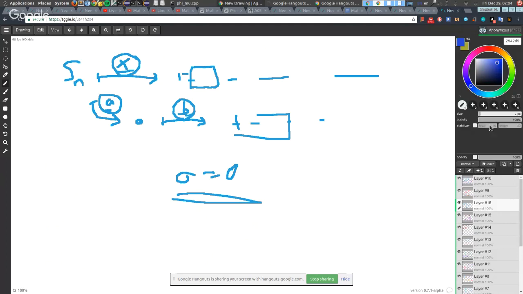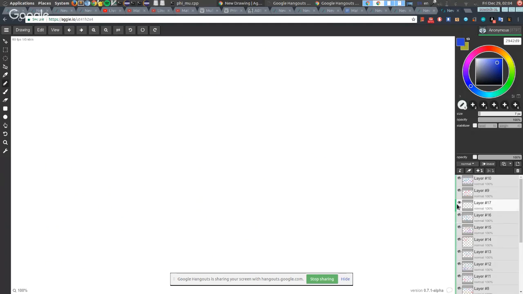So maybe I would give a try. I didn't prepare this example, but we can give it a try. The sum of the squares until n.